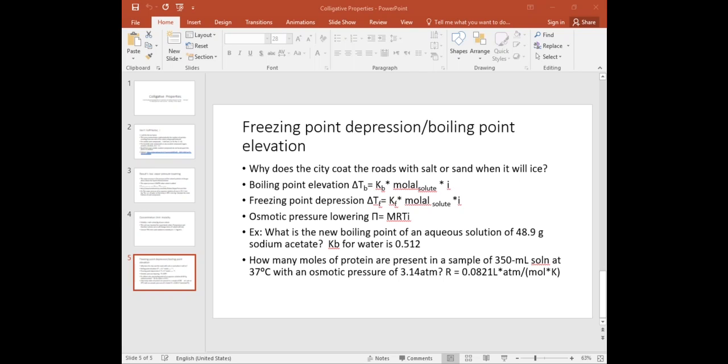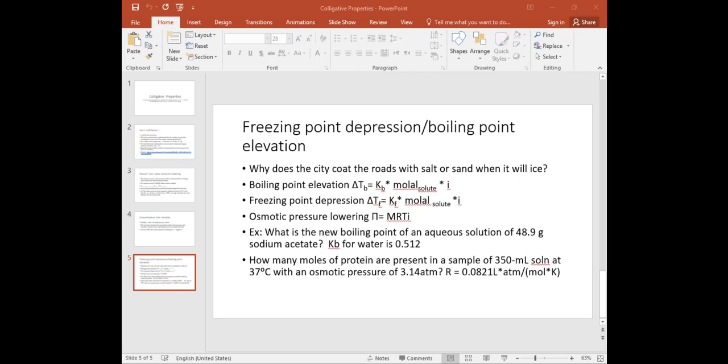I'm going to put it down here. I can figure this out, but molality would be moles of sodium acetate, AC is just a shorthand for acetate, divided by kilograms, and if this is aqueous, kilograms of water.